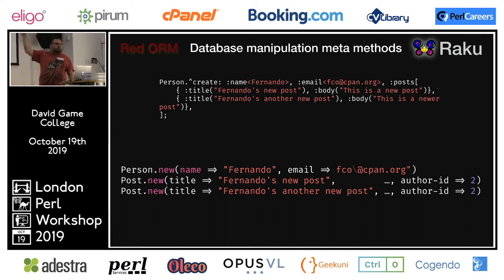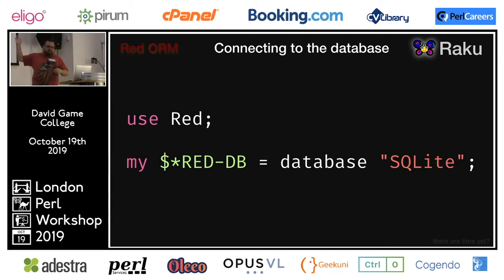So you can create a row and related rows on the same create if you want. That would return. Oh, that's all done.